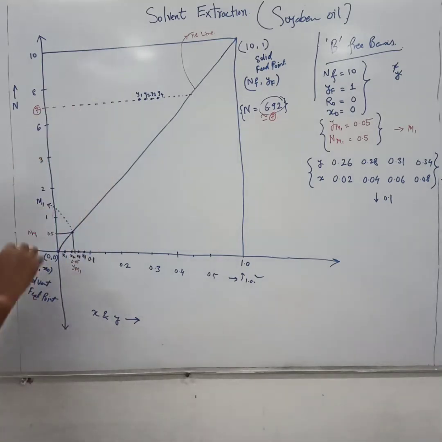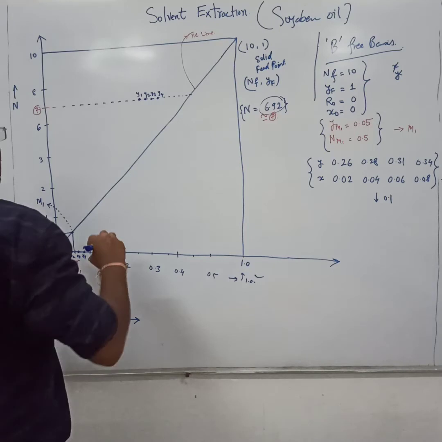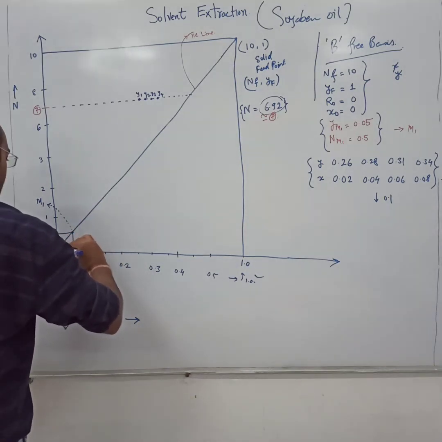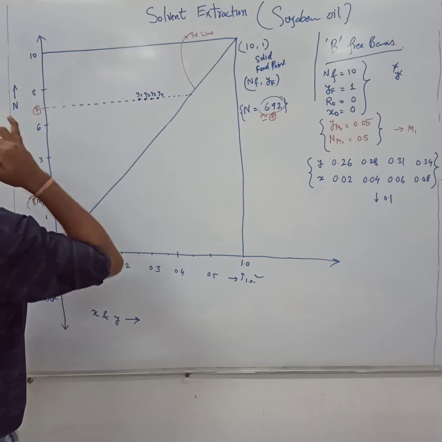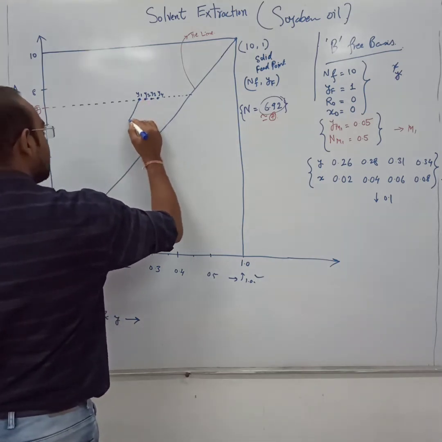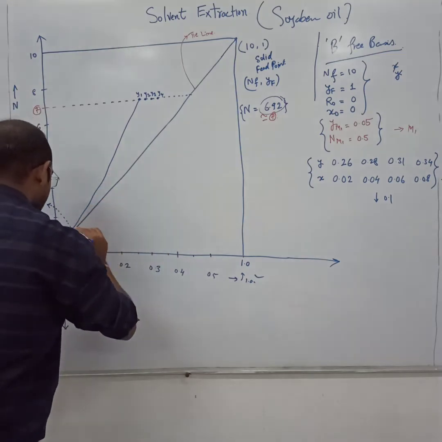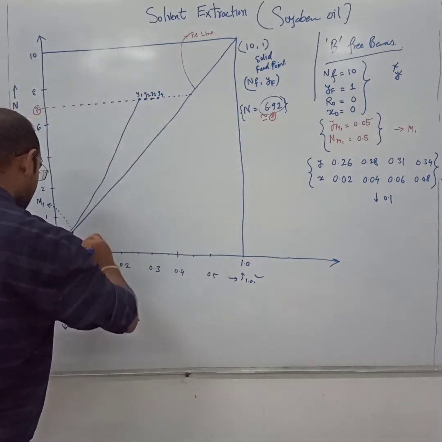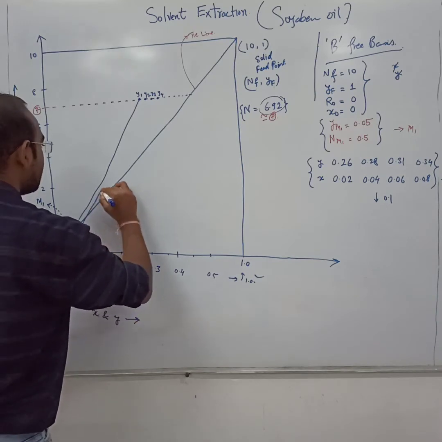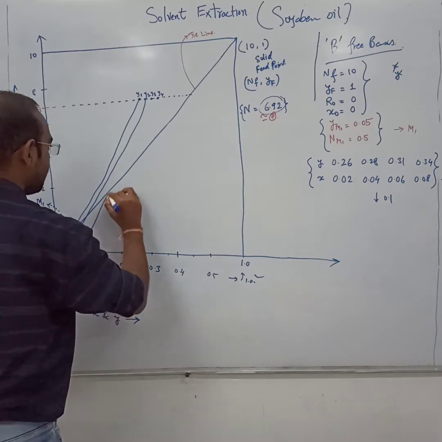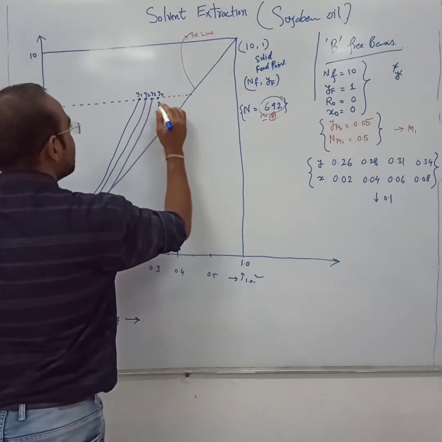Now let's join all the graphical values. So y1, we join this. It is difficult to draw straight lines. This is y2. We will join x2 to y2, x3 to y3.